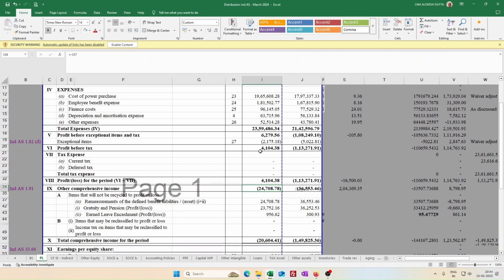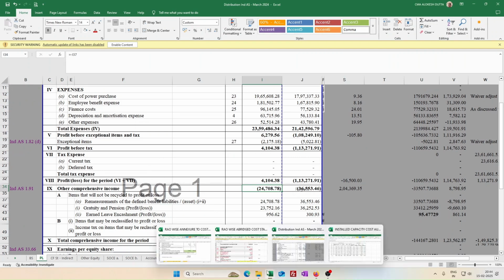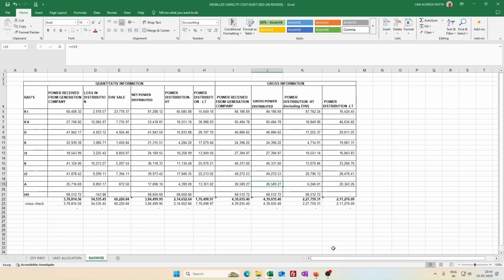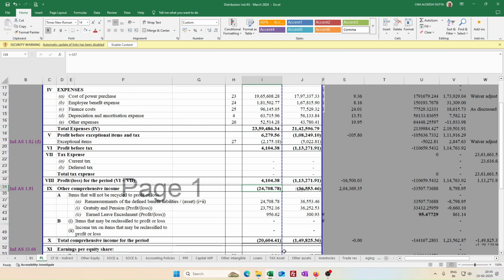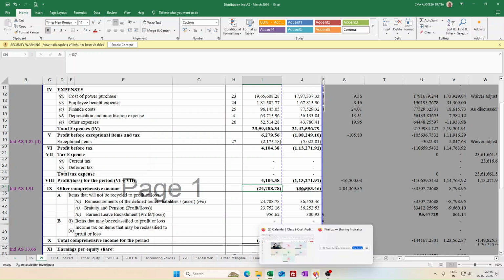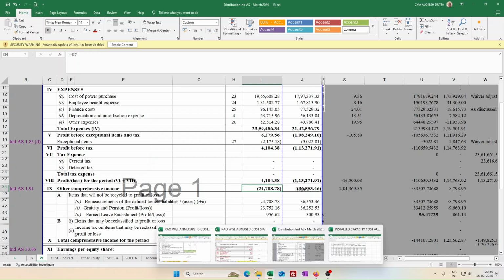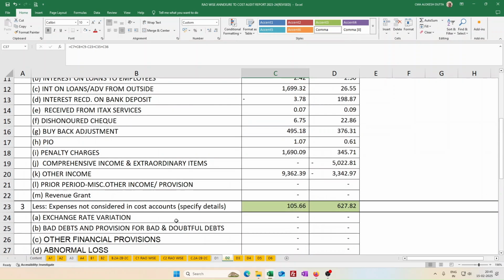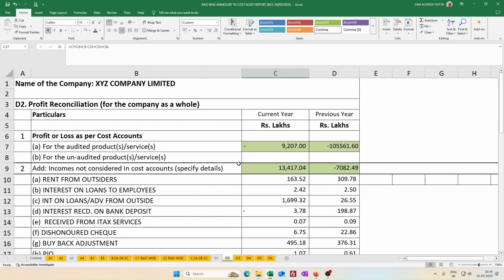Profit before tax 4104.38, 4104.39. Four one zero four point three eight, three nine point 0.1 is meaningless. That much we can accept. So this is the preparation of D2.